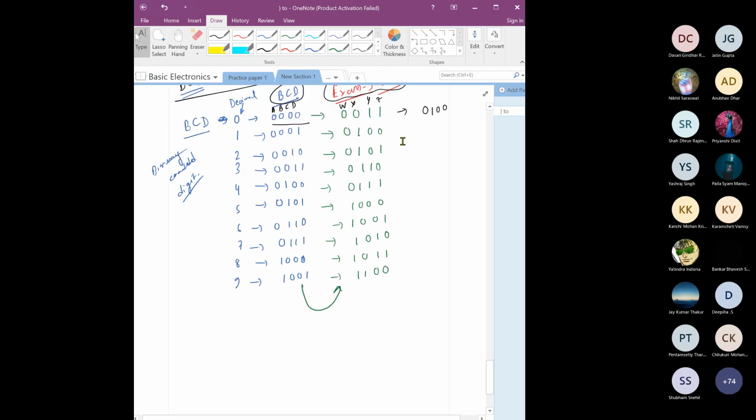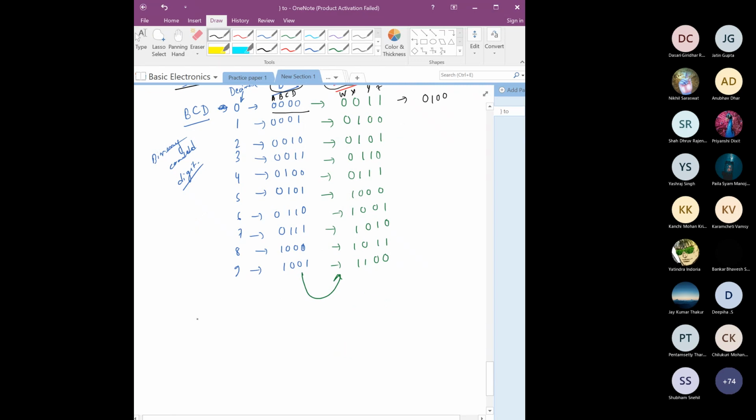So can we not think in general in this way? Just I am asking you. Can we think of it like this? Here there are 4 input variables, A, B, C, D: 0 0, 0 1, 1 1, 1 0, and 0 0, 0 1, 1 1, 1 0, right? Can we write it for W? For W, what is the value of W? For this, the W value is 0.